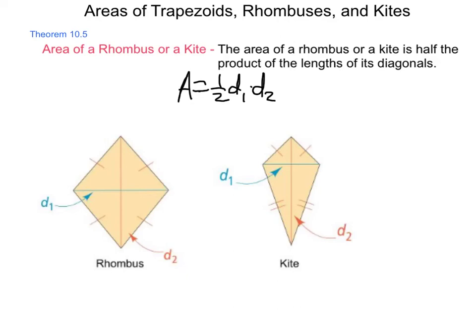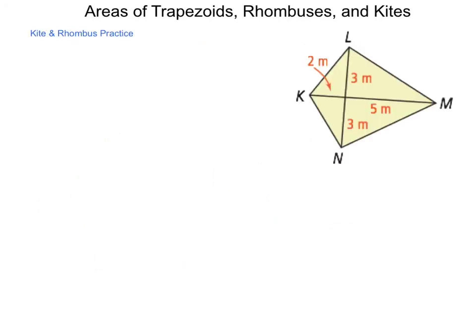So let's take a look at how we can apply this one into a situation. We have shown a rhombus, or sorry, a kite with semi-axes of 3 meters, 2 meters, 3 meters, and 5 meters. In order to find the area, we're going to have to use area is 1/2 diagonal 1 times diagonal 2. So we need to find out what those full diagonals are.